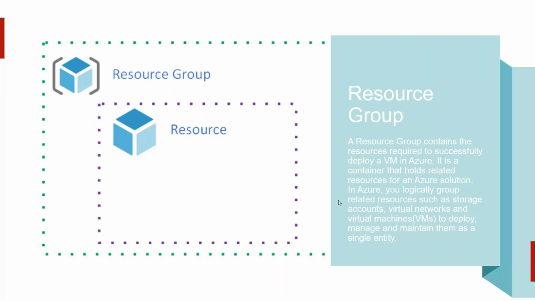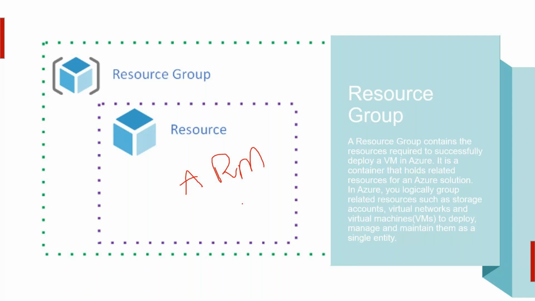Technically you should call it the ARM model. Now Microsoft is listening: ARM model, Azure Resource Manager. Earlier it was a classic approach, sir, where every resource was independent. Now Microsoft redesigned it in the form of the ARM model.